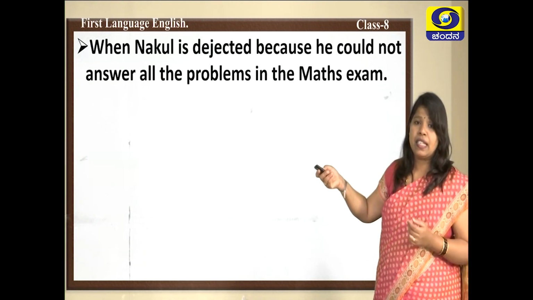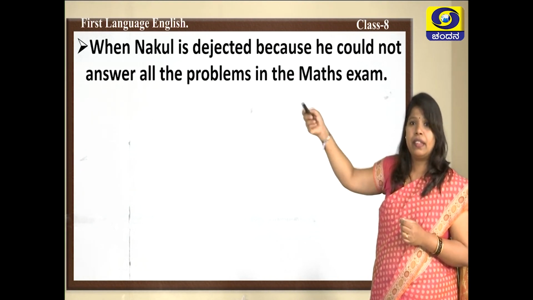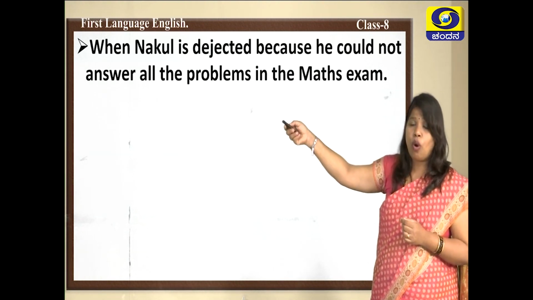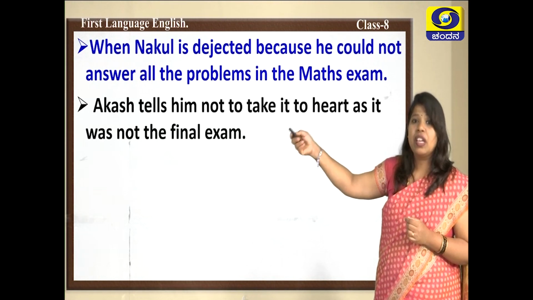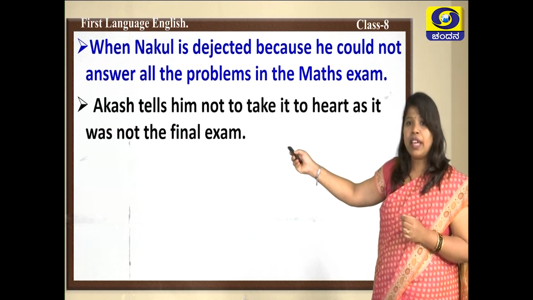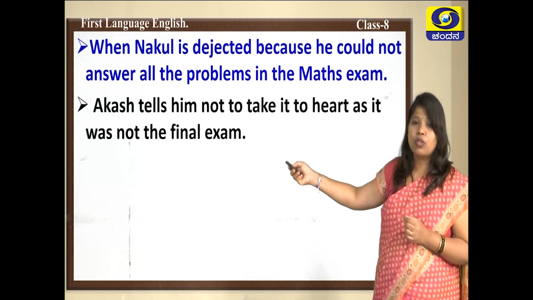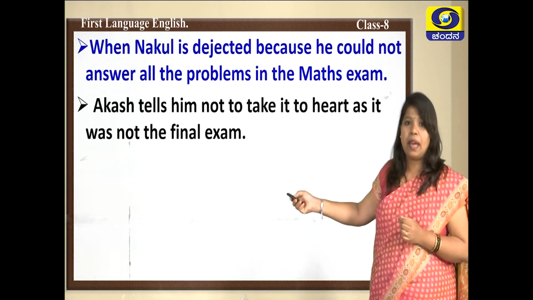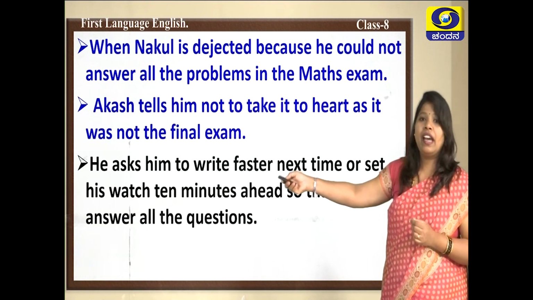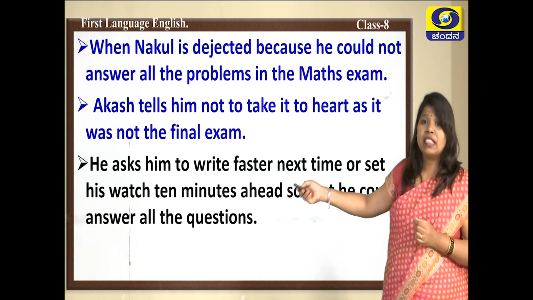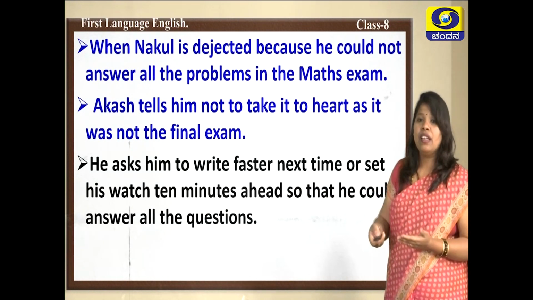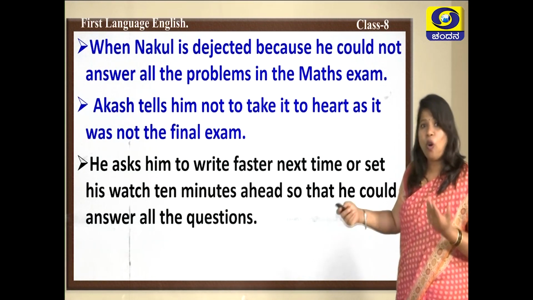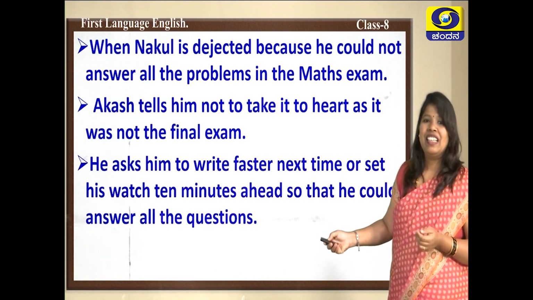The first instance is when Nakul is dejected because he could not answer all the problems in the maths exam. Akash tells him not to take it to heart as it was not the final exam. He asked him to write faster next time or set his watch 10 minutes ahead so he could answer all the questions.